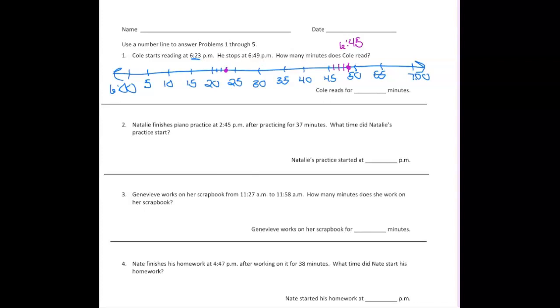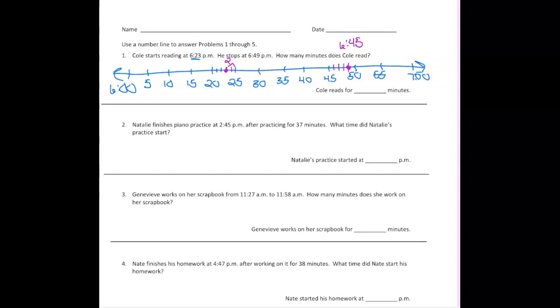So we need to figure out how many minutes it took him, or how many minutes he was reading. Well, we're at 23, 24, 25. So right there is 2 minutes, okay? And then we're going to count by fives.